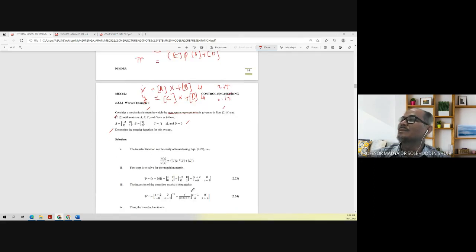So what we need to solve first of all is the transition matrix. Phi equals sI minus A. So s, 0, 0, s minus minus 2, 0, K1, which is this one.